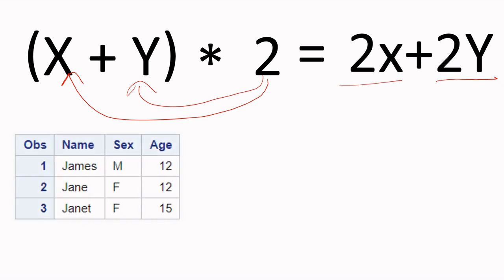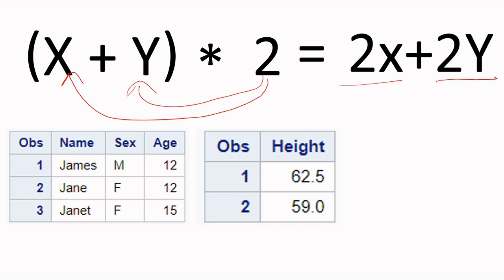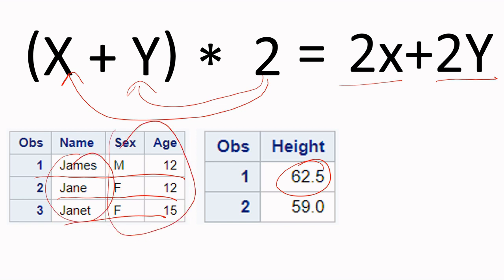So for example, you have this table with 3 observations and this table with 2 observations. First, this value will be joined with all of these 3 observations. So the resulting table would have all of these 3 observations and all these variables' values, and in the third variable you would have a height, and this same value will be repeated for all of these 3 observations. Let's look at this.